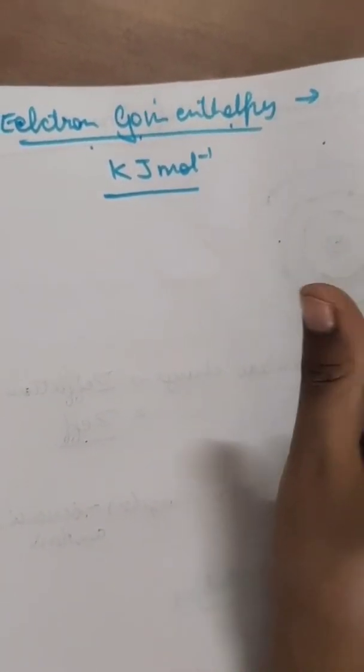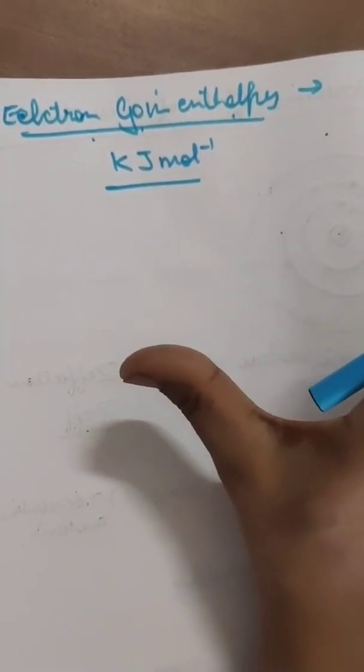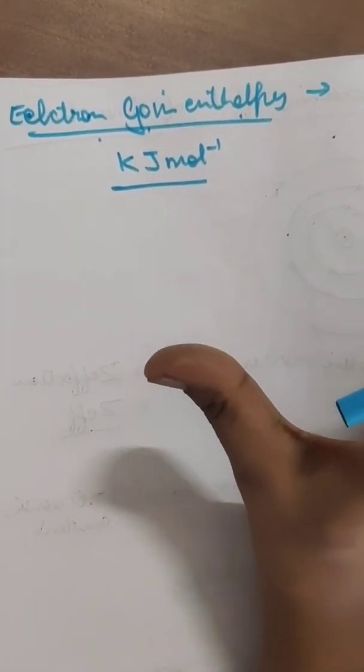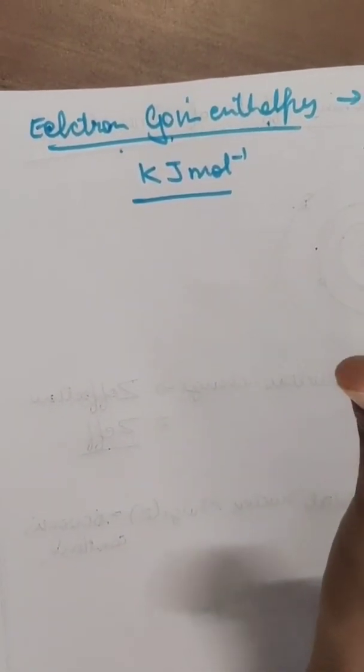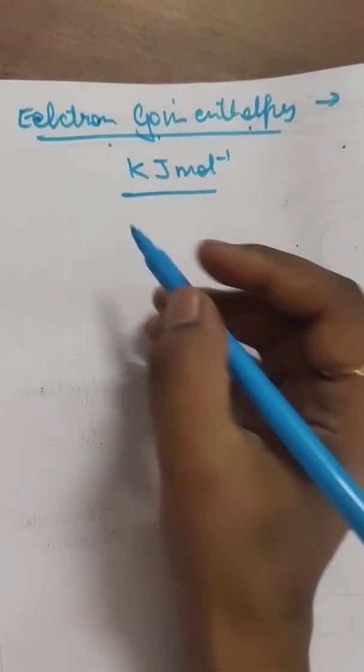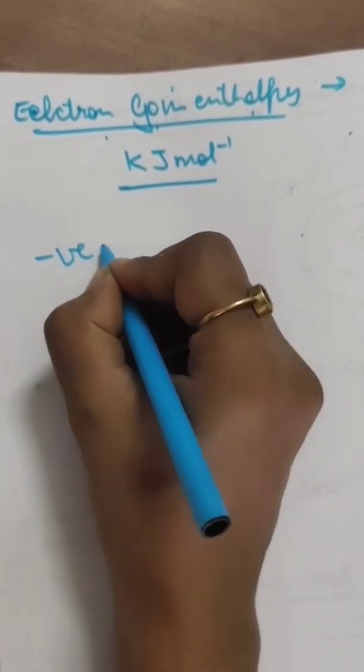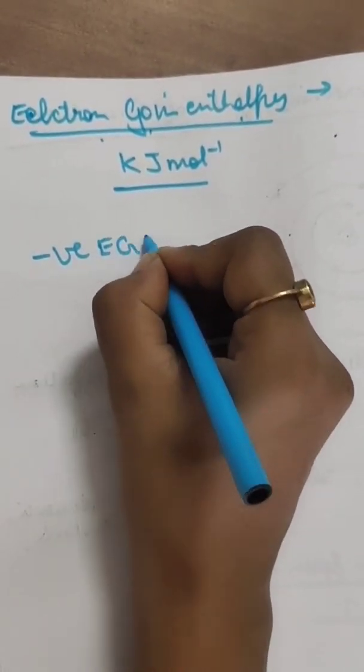So electron gain enthalpy is the enthalpy change when an electron is added to an isolated gaseous atom, and the process may be exothermic or endothermic. For many elements, energy is released when an electron is added to an atom. So that is called negative electron gain enthalpy.